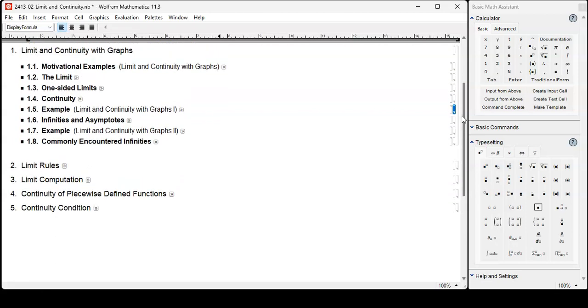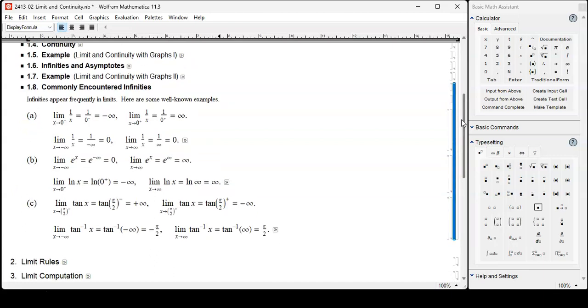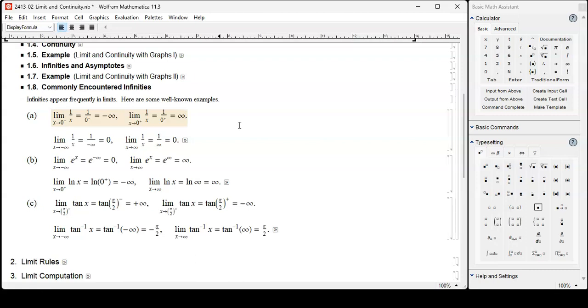Before concluding this section, let's talk a little bit more about commonly encountered infinities that you can do the computation of algebraically even. 1 over 0 is infinity, but it depends upon the sign, plus infinity or negative infinity, depending upon whether I'm going to 0 plus or 0 minus.